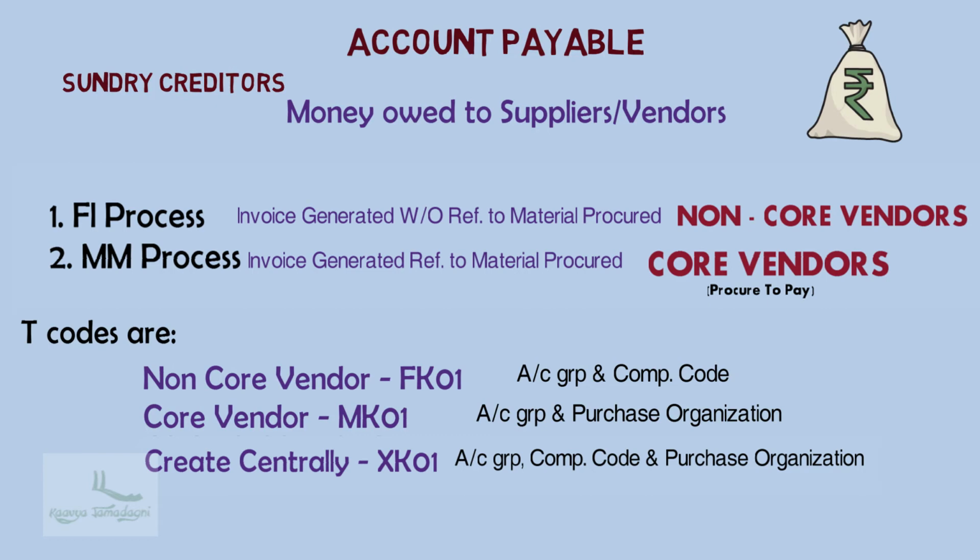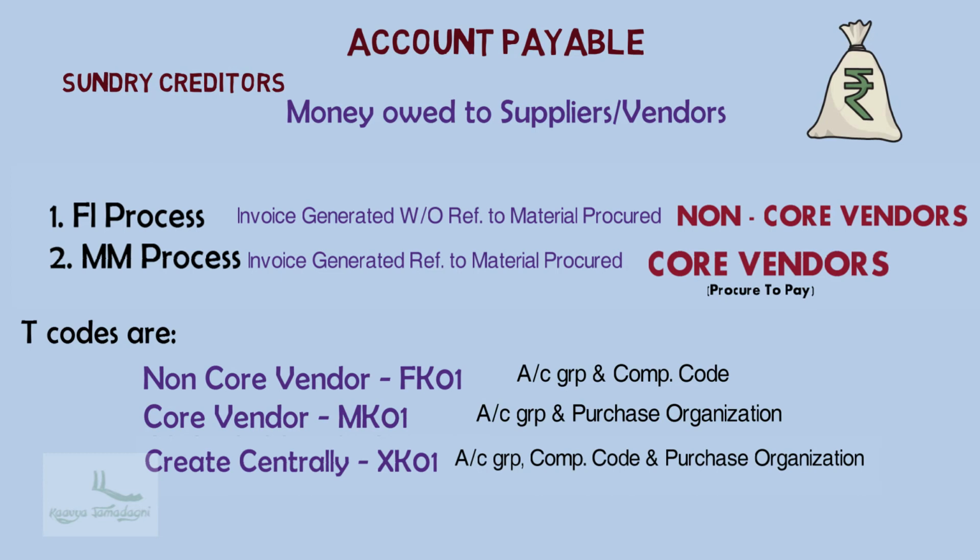While creating the vendor using FK01, the system will ask us to create the vendor based on the account group and the company code. But when we create the vendor in MK01, the system will ask us to create the vendor based on the purchase organization and the account group.